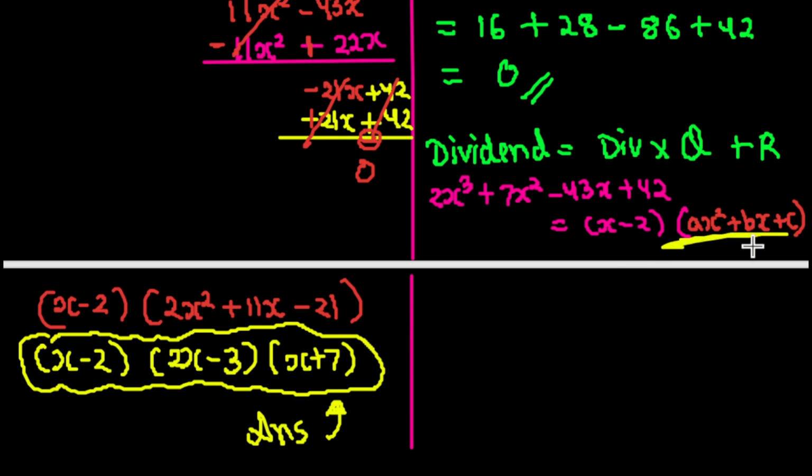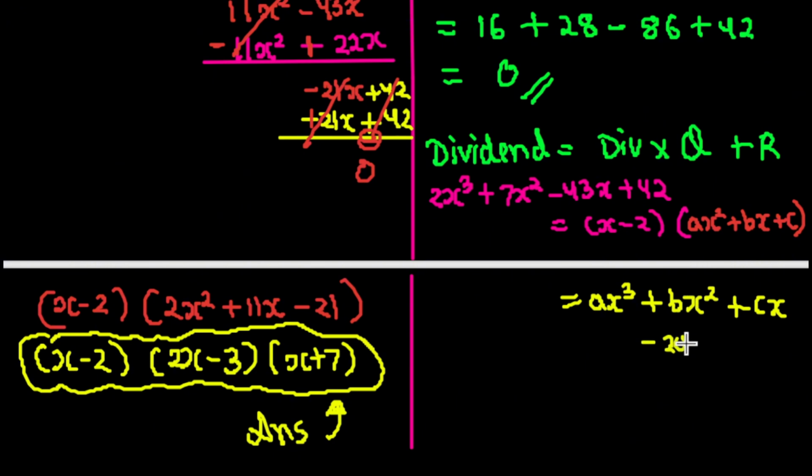Now we simply need to find the value of a, b and c, and we will be using comparing the coefficients. So we'll compare the coefficients on both the sides, sorry, factor. Okay, clear. So next thing is comparing the coefficients. Now I'm just solving for this side, okay? So if we multiply them, the first term is going to be ax cubed, the second term is going to be bx squared, third term is going to be cx, and next one minus 2ax squared.